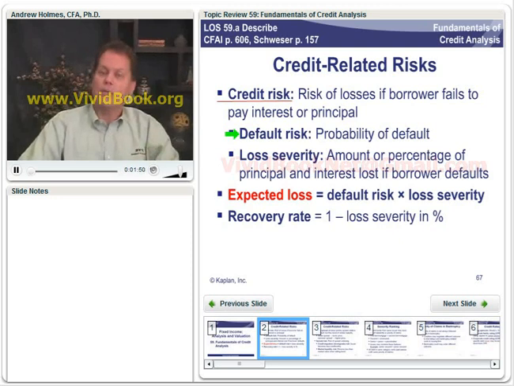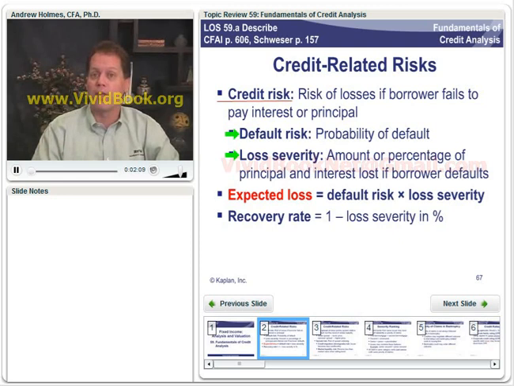But that's only half of the equation. If you're going to think about the probability of a firm defaulting, then you also have to think about the loss severity, right? So if a firm defaults and they have lots of assets and the bankruptcy courts take control of those, or the trustee takes control of them and liquidates them and pays back the bondholders everything they're owed, well, that is not a terrible scenario.